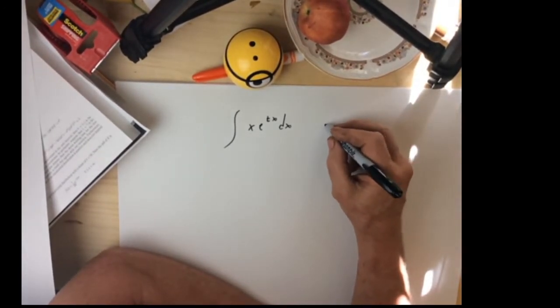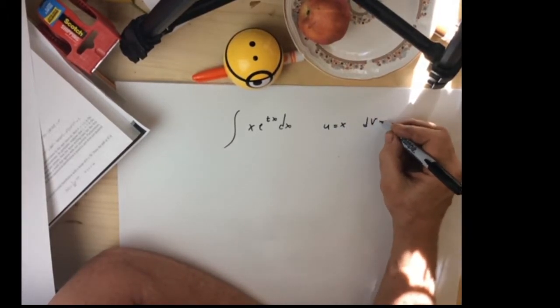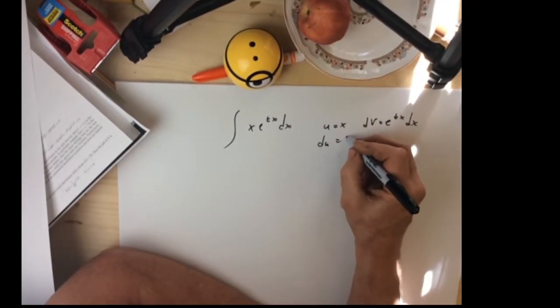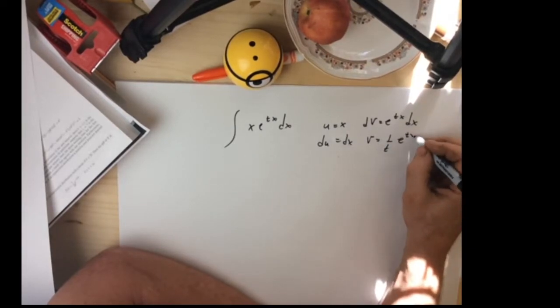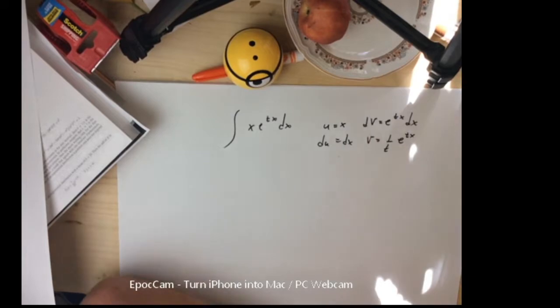So I'm going to let u equal x, dv equal e to the tx dx. So du is dx, and v is 1 over t e to the tx. The integral of e to the kx is 1 over k e to the kx.